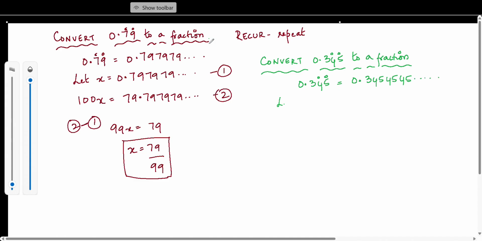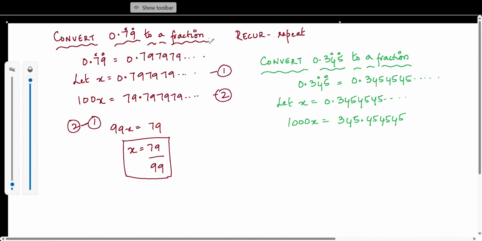Again, as always, we begin with taking x as the given number. Now, there are 3 decimal places, but only 2 repeat. 3 does not repeat. Since there are 3, definitely multiply it by 1000. 1000x is 345.454545.